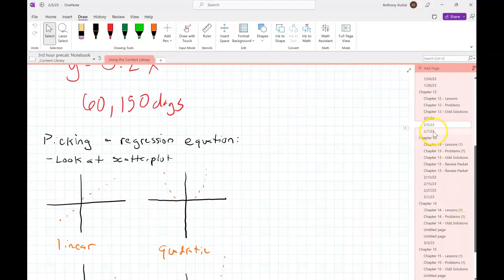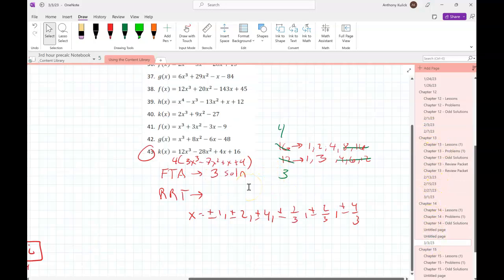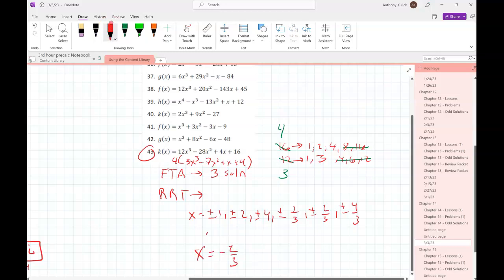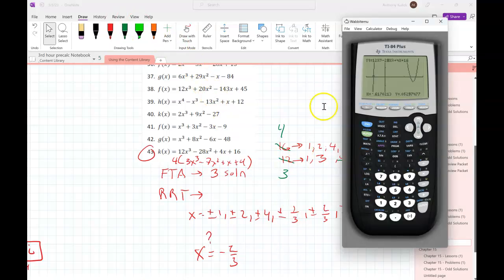Where did my work go now? There you are. So I would say probably -2/3 would be the one that'd be the closest. I'm going to put a question mark by that because it's close, but I'm guessing here a little bit also, right? Really just guess. I'm just kind of eyeballing it, yep.